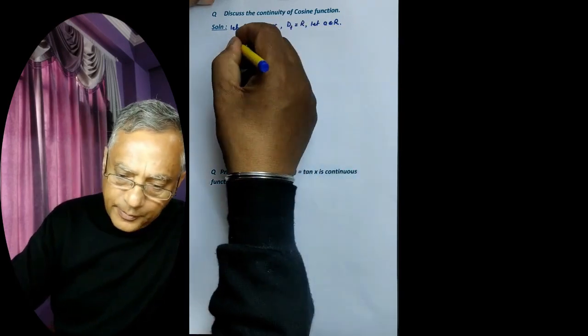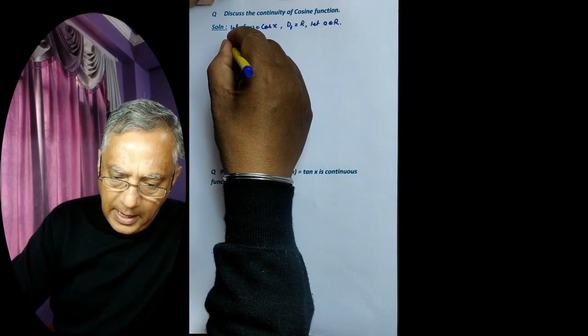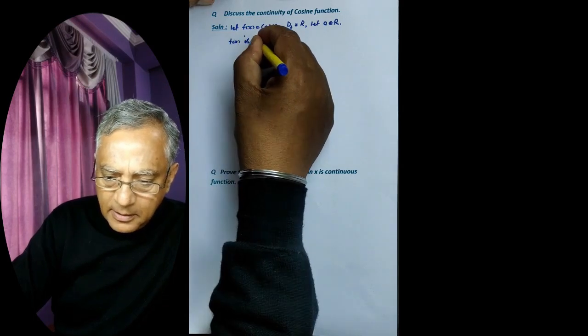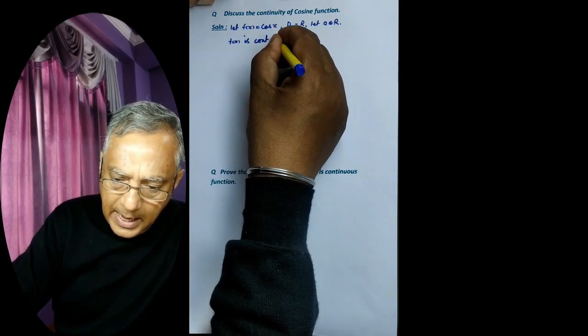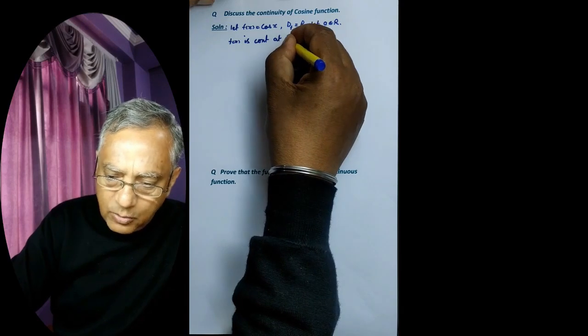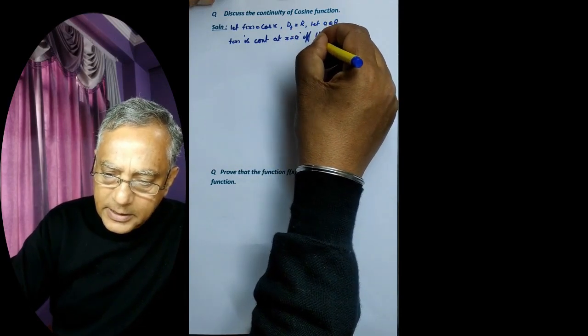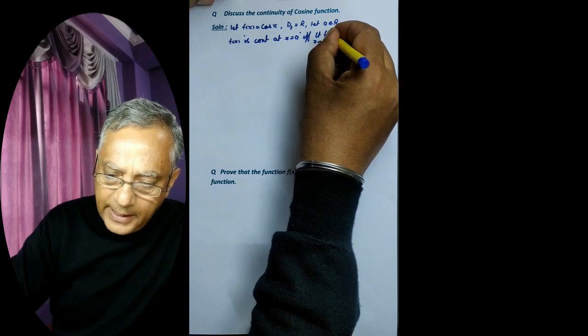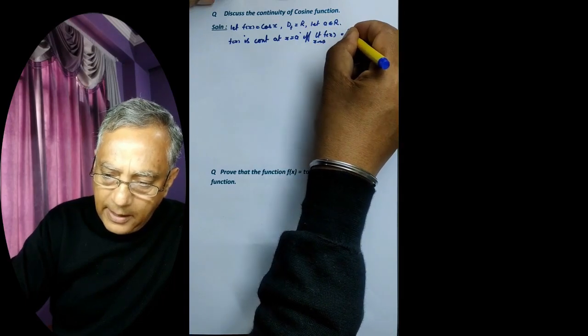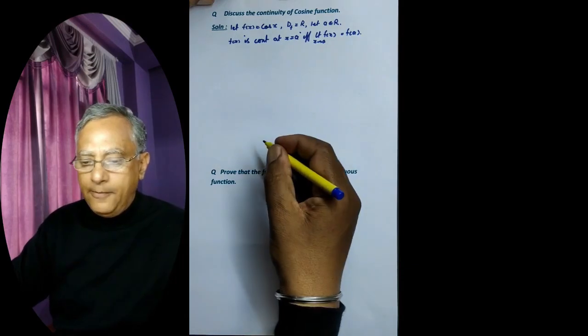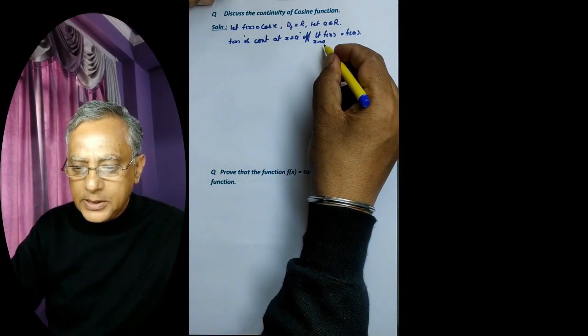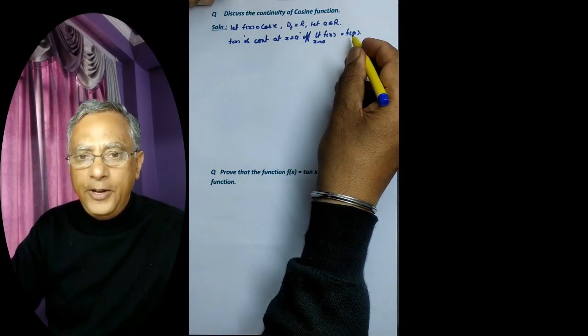That is, f(x) is continuous at x equal to a if and only if the limit as x approaches a of f(x) is equal to f(a).